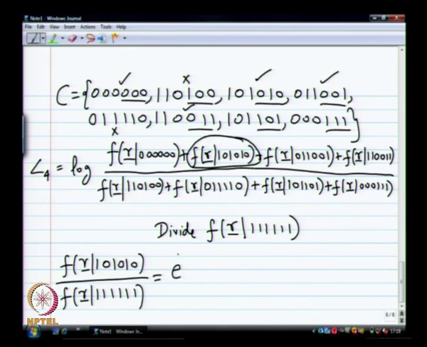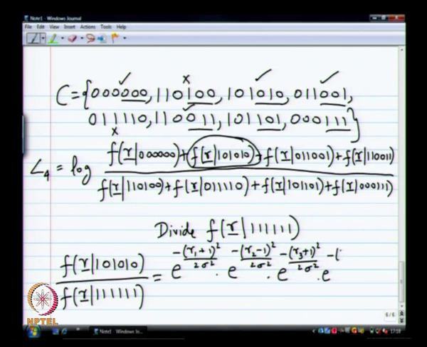This will be e power minus (r1 plus 1) squared by 2 sigma squared, times e power minus (r2 minus 1) squared by 2 sigma squared, times e power minus (r3 plus 1) squared by 2 sigma squared. I am going to run out of room, and whenever I run out of room I will stop. Hopefully you can extrapolate what is there: minus (r4 minus 1) squared by 2 sigma squared, and then you will have two other terms.